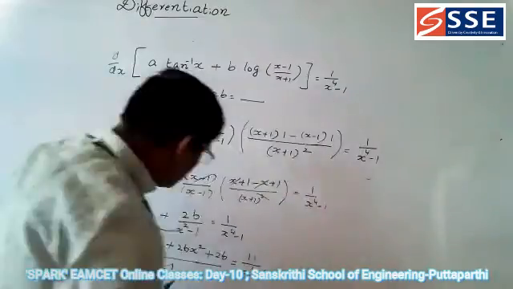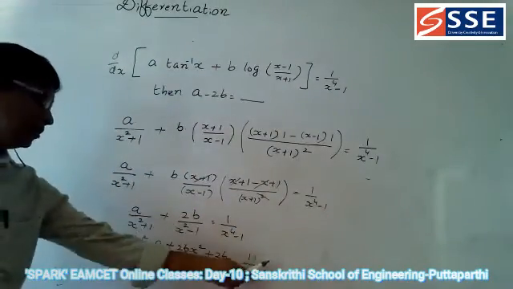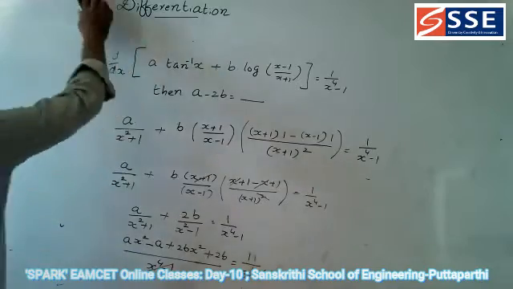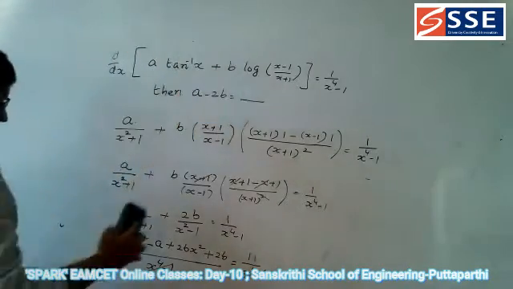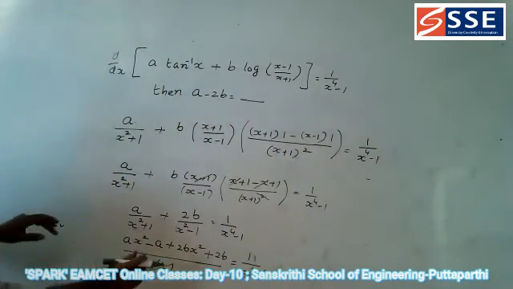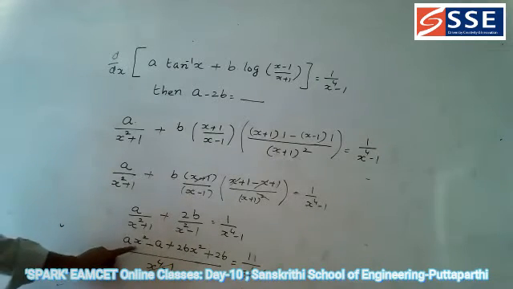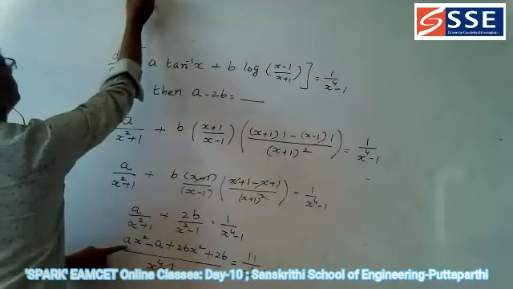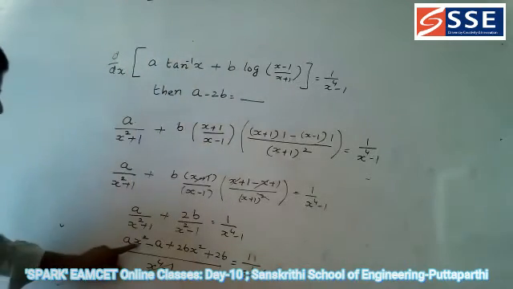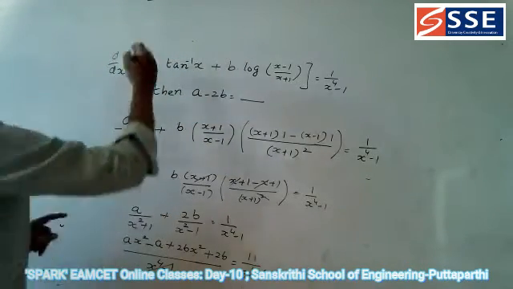Because if you bring the denominator into the numerator here, both get cancelled. Now we can go for doing this. Now for the sake of convenience, I am taking x square on one side. X square take out common. Then what it becomes? a plus 2b.